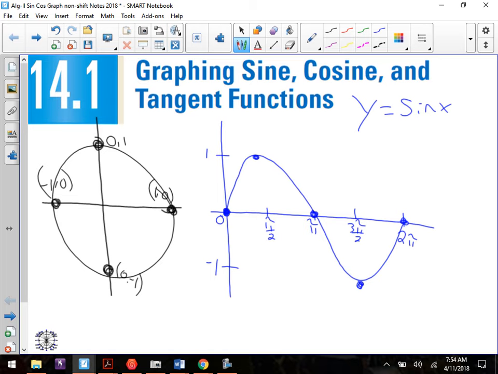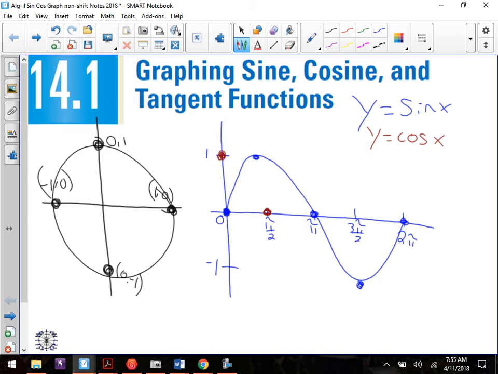Okay. Now, if I look at a cosine graph, what is the cosine of 0? It's 1. The cosine of 0 is 1. The cosine at pi over 2 is 0.